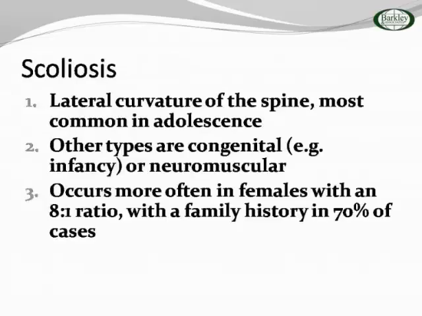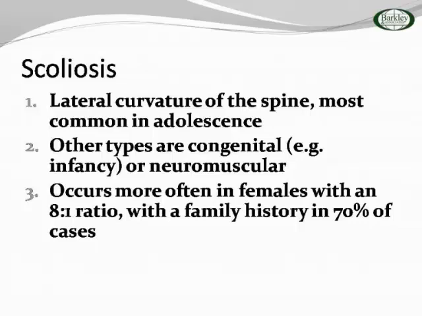Now here's scoliosis, the lateral curvature of the spine. Most common in adolescents. You've heard of what's called idiopathic scoliosis. Females, family history, that's real common. Now we have other types of scoliosis. Don't we have the congenital type, which, remember, we did the assessment today with the newborn, you could see a lateral curvature.